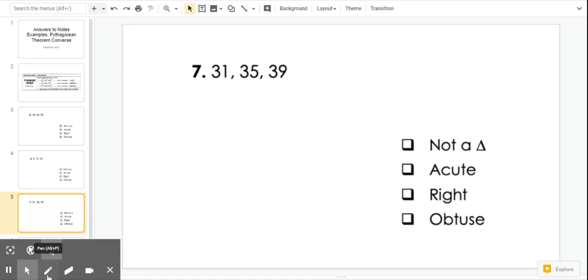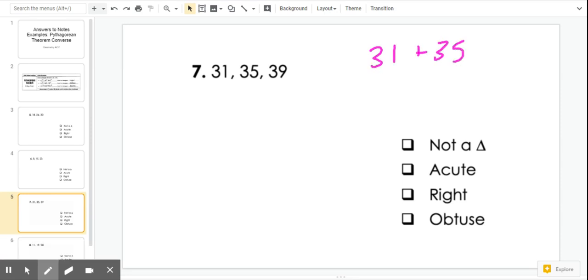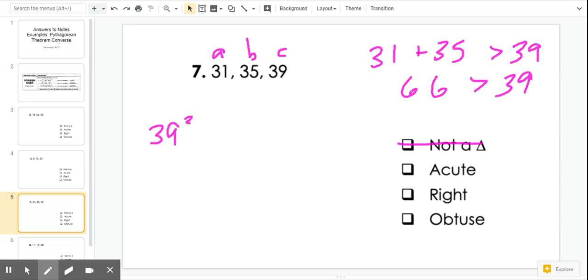So for this, we want to check that 31 plus 35 is greater than 39 because, again, 39 is the largest side, so that's our C. So 31 plus 35 is 66. That's definitely bigger than 39, so we know it's a triangle. So now we just need to check the Pythagorean converse. So 39 squared, we want to know if that's equal to 31 squared plus 35 squared.